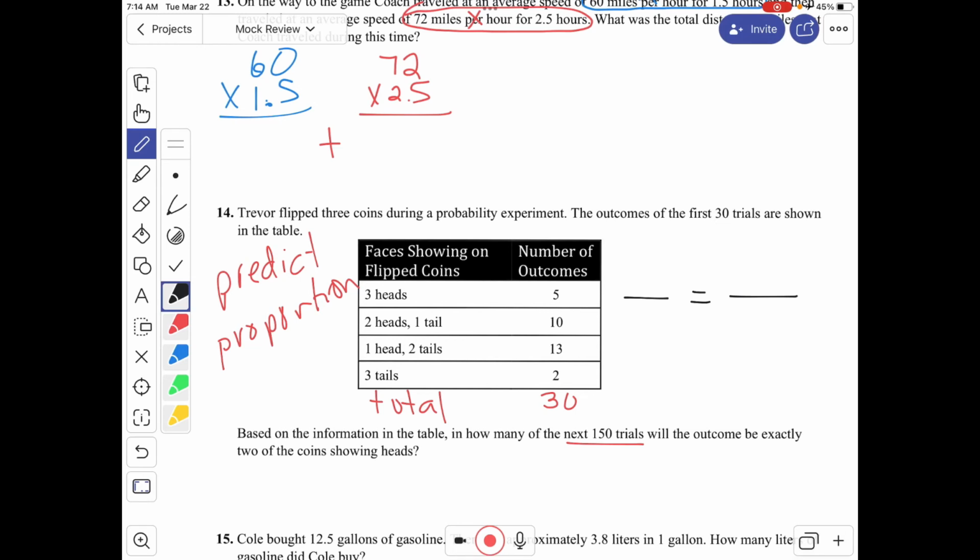We want 2 of the coins showing heads. So the only one that showed 2 coins showing heads was this one. So that's 10 out of 30, and we're predicting for 150. That's the new total. And you just solve the proportion.